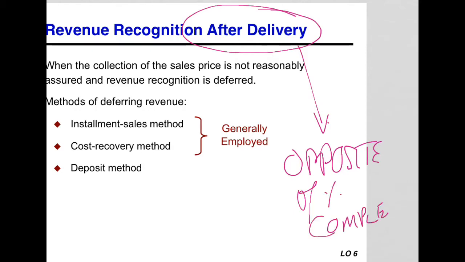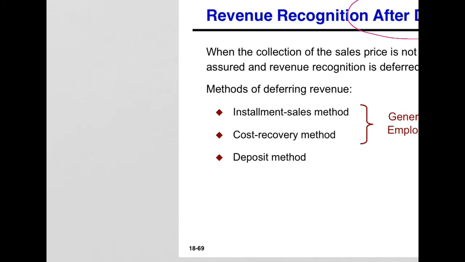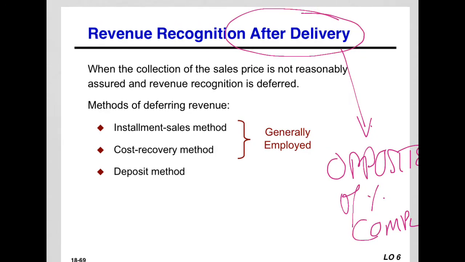And so you're going to say, well, why? If the sale has been done, haven't we learned that that's the right time to record the sale? And yes, it is. As we're going to see, there's got to be a reason when we're going to use this. And here it is. You've probably already noticed the language: when we're not reasonably assured that we're going to collect the sales price.